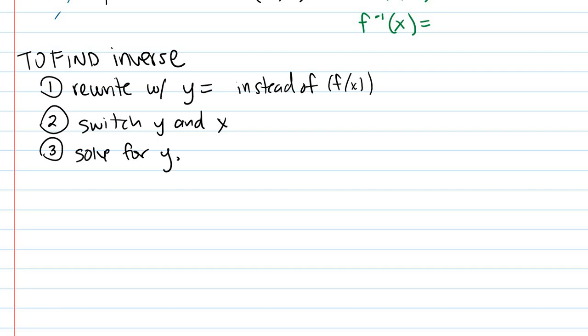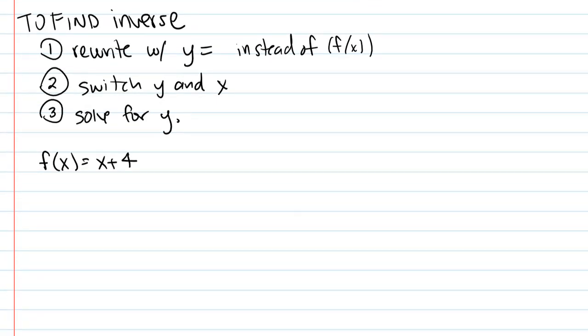For example, if I have the function f of x equals x plus 4, the first thing I'm going to do is rewrite with y instead of f of x. So y equals x plus 4. Then I'm going to switch the x's and the y's. So now I have x equals y plus 4.